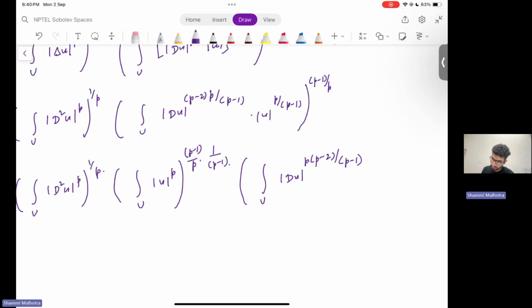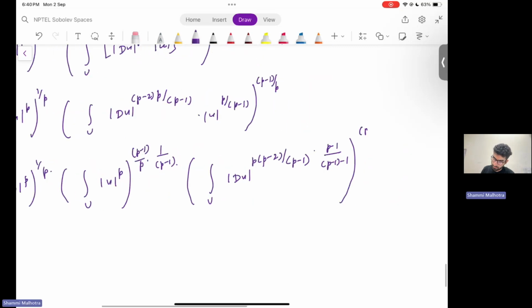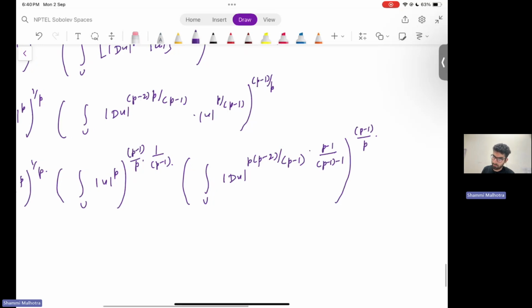The exponent of p minus 1 is p minus 1 divided by p minus 1 minus 1, and this is p minus 1 divided by p, and we have to divide by 1 by the conjugate exponent of p minus 1, which is p minus 2 divided by p minus 1.